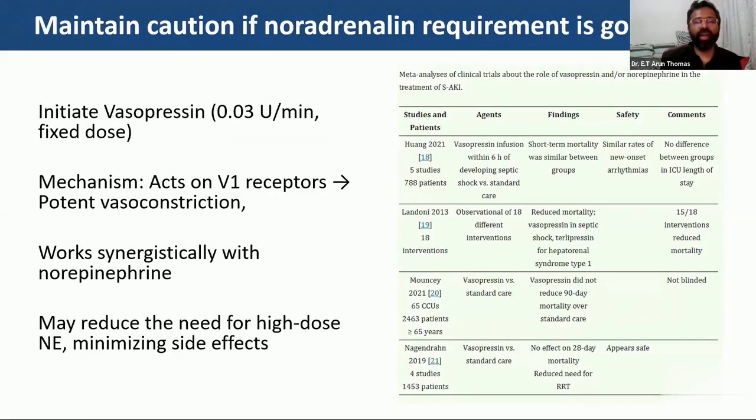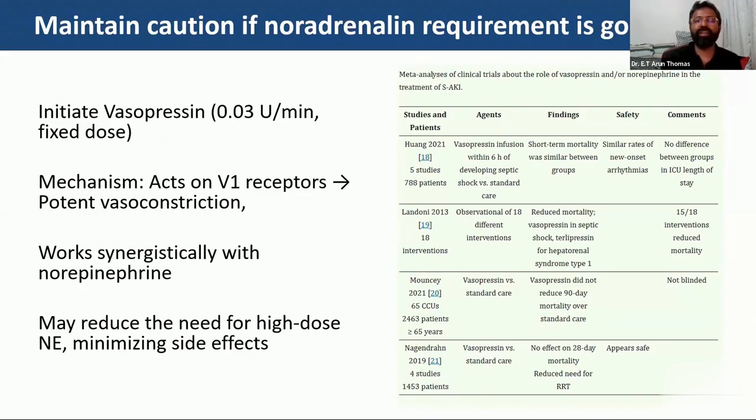So if the doses are going high, rather than keeping on escalating the noradrenaline, one simple thing you can do is initiate vasopressin. Vasopressin acts on the V1 receptor by a different mechanism, and it is not a very potent renal arteriolar constrictor like noradrenaline, so it has a synergistic action. So you don't have to keep on escalating the noradrenaline dose.